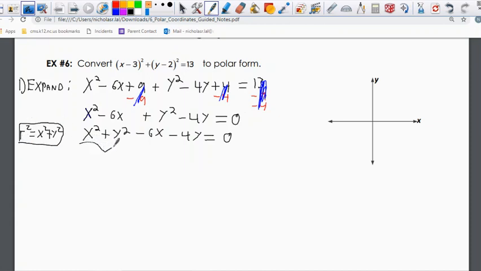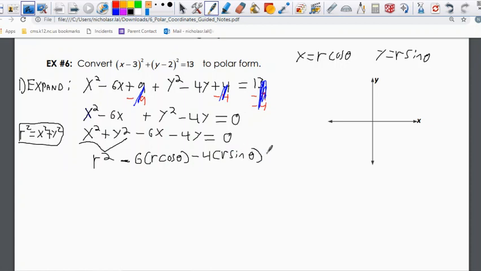So this can become r squared. We also have a formula that x is equal to r cosine of theta and y is equal to r sine of theta. So we can have r squared minus 6 times r cosine of theta minus 4 times r sine of theta is equal to 0.